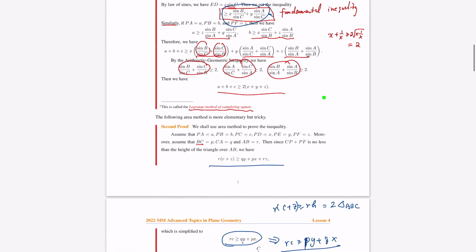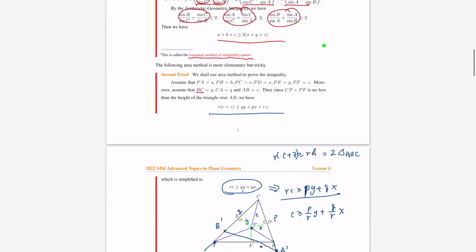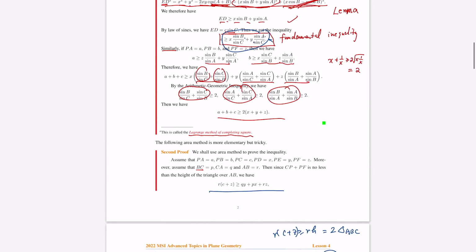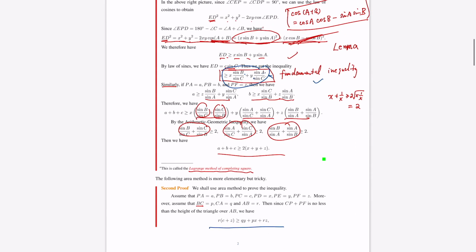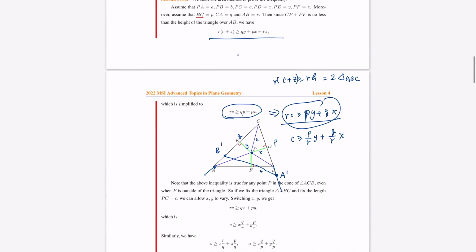With respect to Y it is sine A, corresponding to P. So this inequality is the same as this, except that in the first place we used trigonometry to prove it directly, and in the second place we used area consideration, but flipped the two sides. So it doesn't matter which is the length of P and Q.